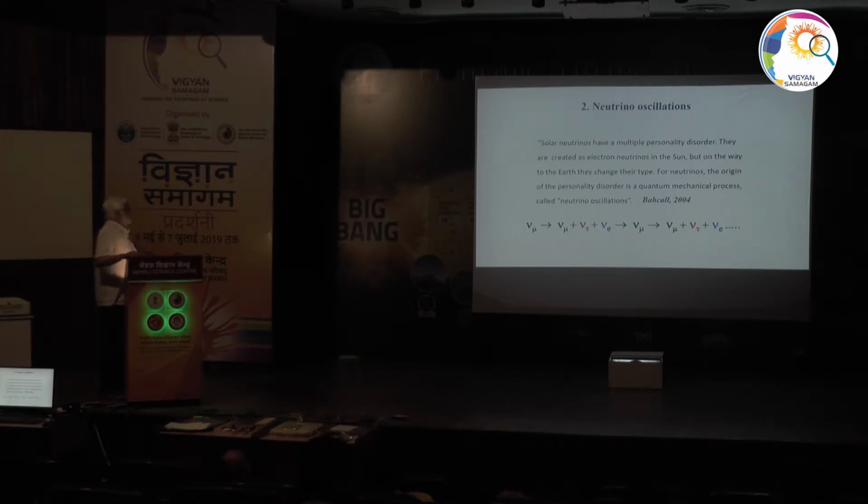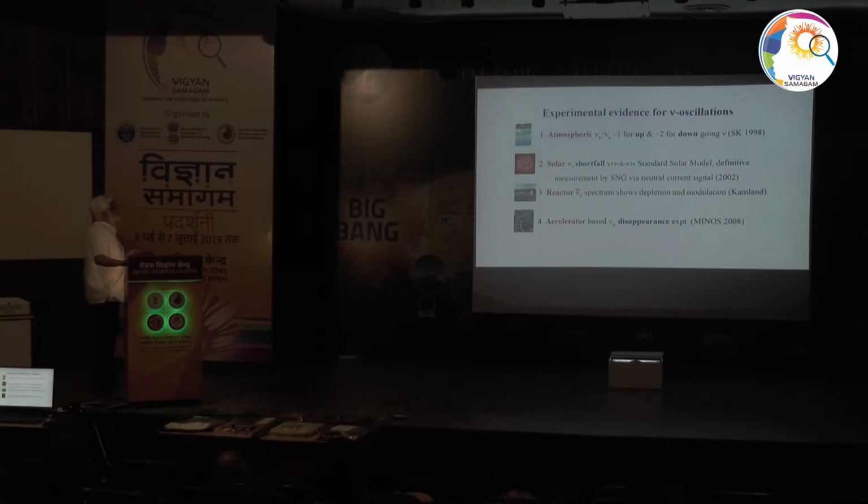So, for instance, suppose you have a nu mu, it can become, with some probability, a nu tau or a nu e, or indeed remain as a nu mu. And at a given oscillation length, it can go back to nu mu. So this is the kind of scenario which you have for oscillations.